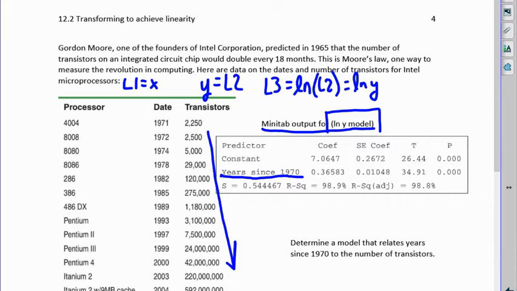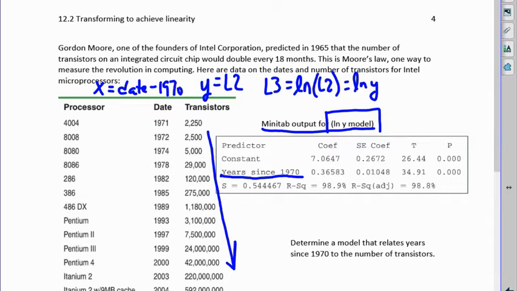So they actually did do a little transformation on their x. I need to take my x and subtract 1970, or actually my x will be the date minus 1970.